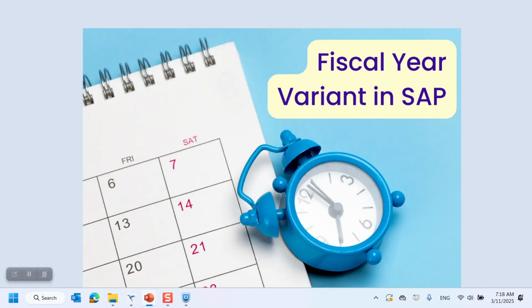Each month equals one period. Each period within a fiscal year is known as a posting period. When you post a transaction in the SAP system, each transaction is assigned to a particular posting period.